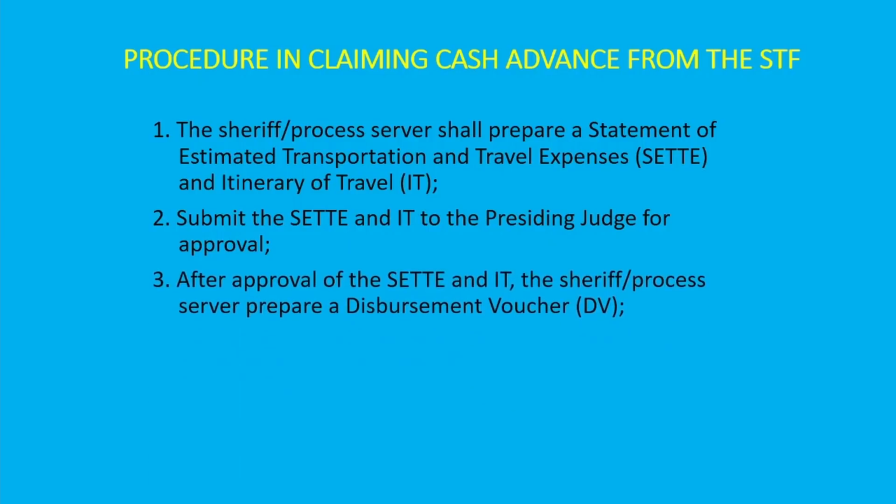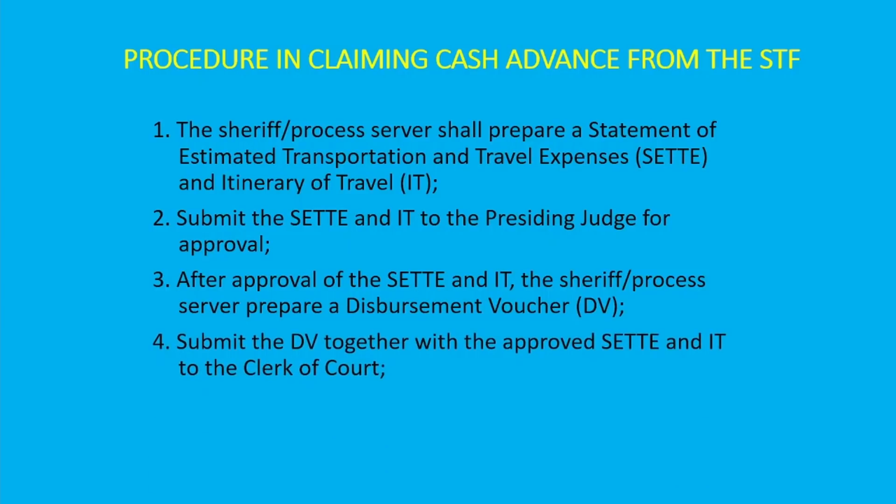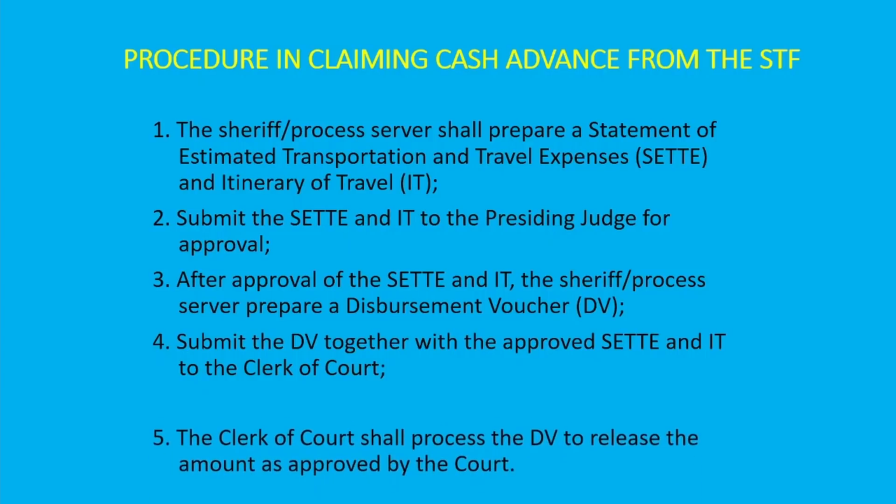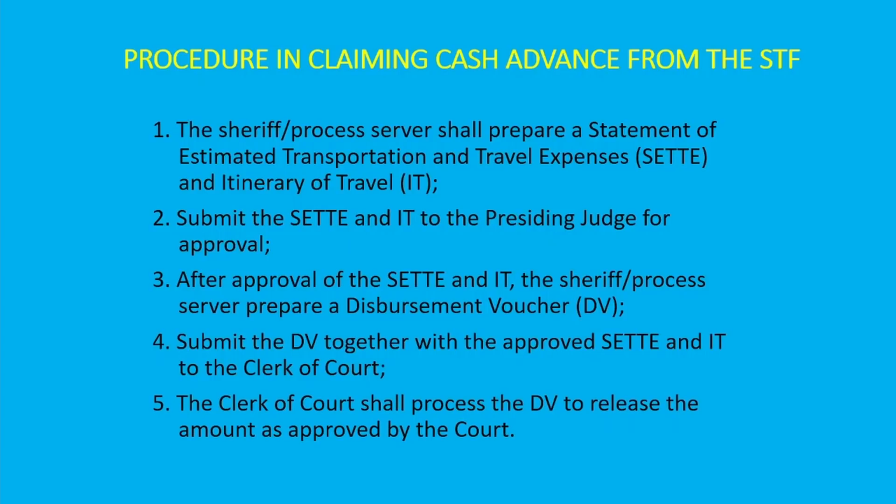Next, after approval of the SETE and IT, the sheriff or process server shall prepare a disbursement voucher, or DV, and submit the DV together with the approved SETE and IT to the office of the clerk of court. Then the clerk of court shall process the disbursement voucher to release the amount as approved by the court, the cash advance.